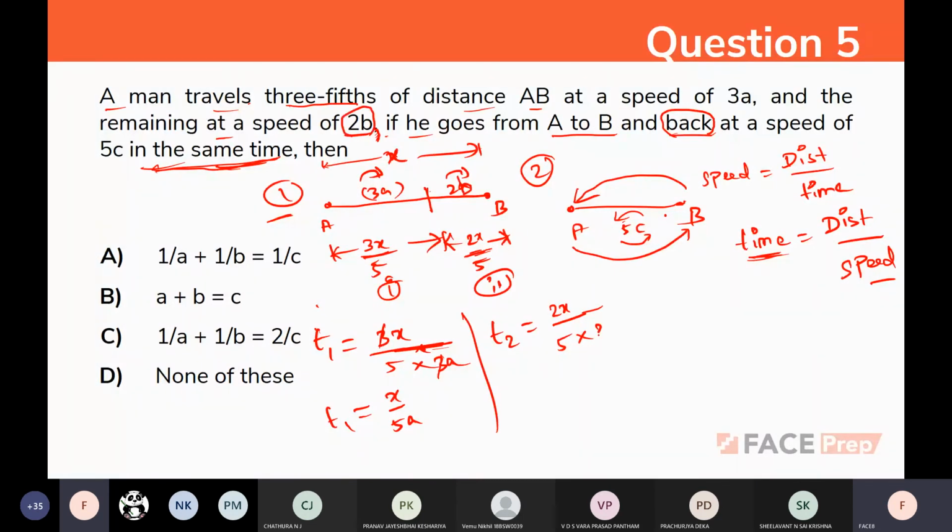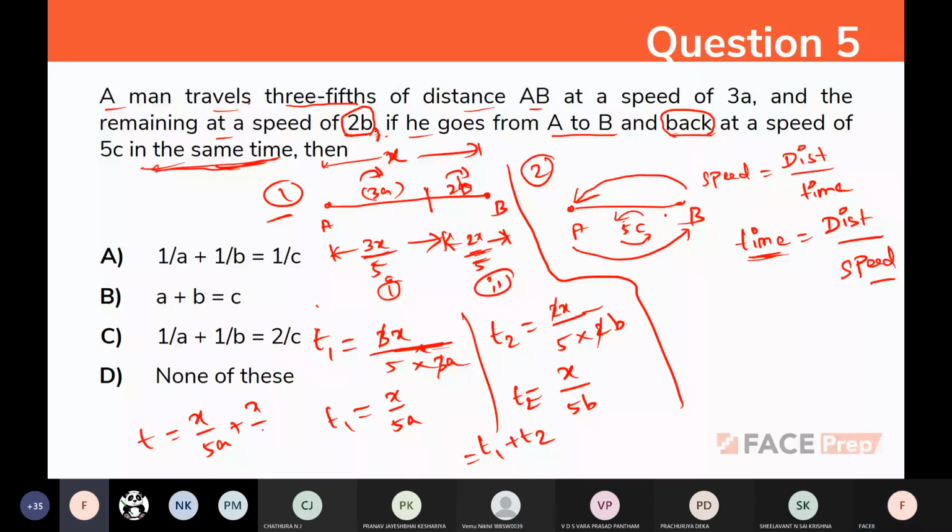You can cancel it like this, divided by 5b, which is t2. So total time for the first case will be t1 plus t2. If you add these two, t will be x by 5a plus x by 5b, which is the total time for case 1.